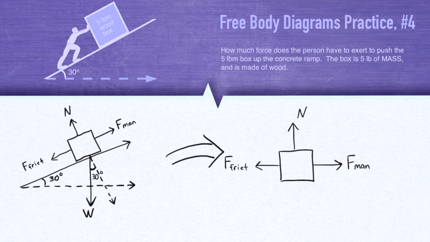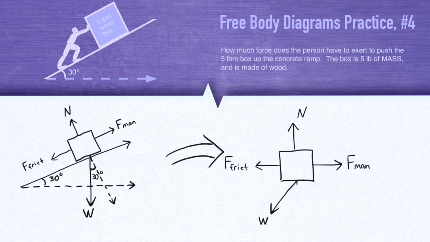Notice how I said I wanted to get them all in cardinal directions. Well, now they are. And then, like I said, the only one that is not in a cardinal direction when I flip this and rotate it is going to be the weight. So because it's rotated 30 degrees, the weight on the free body diagram is going to be diagonal, tilted like this.